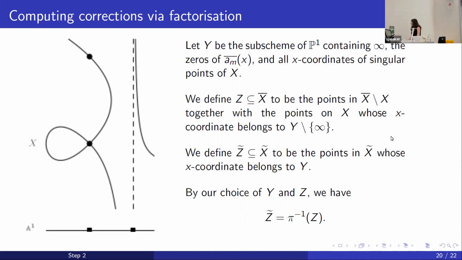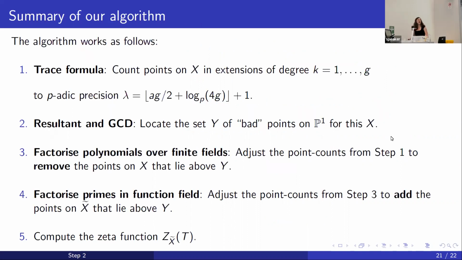So the way we compute this subscheme z is by factoring the defining polynomial bar f modulo each of those irreducibles representing the bad points. And then the subscheme z tilde is computed just by applying Monty's algorithm for each of the bad points. Okay. Now that we know how corrections work, I can tell you how the whole algorithm works.